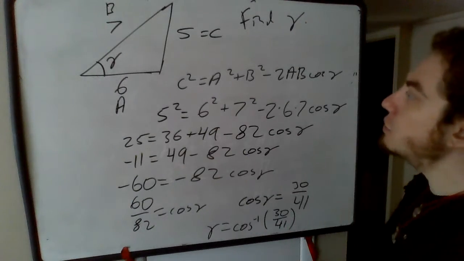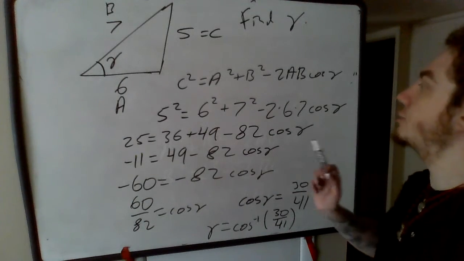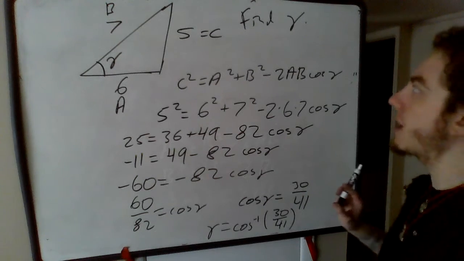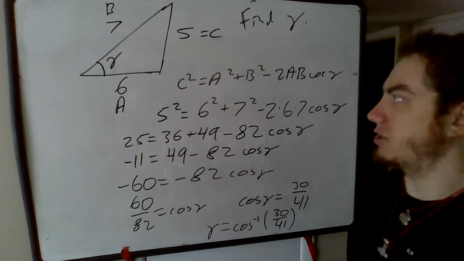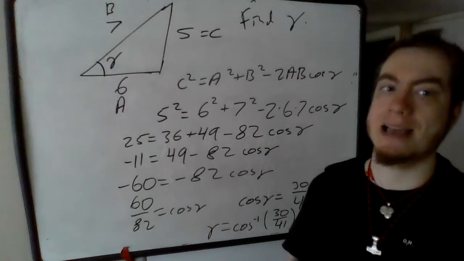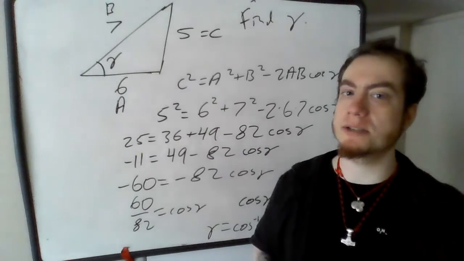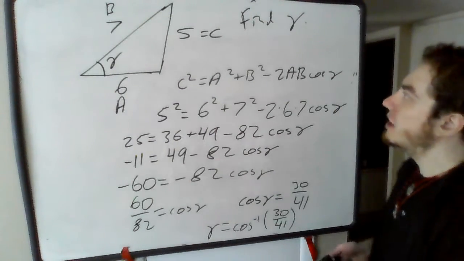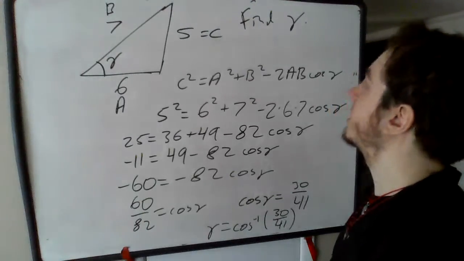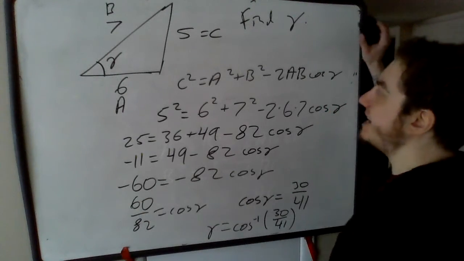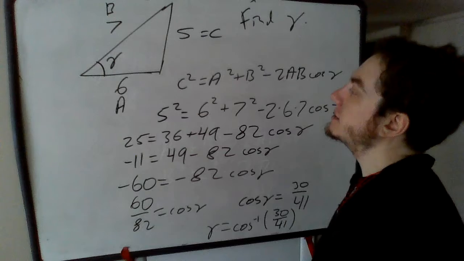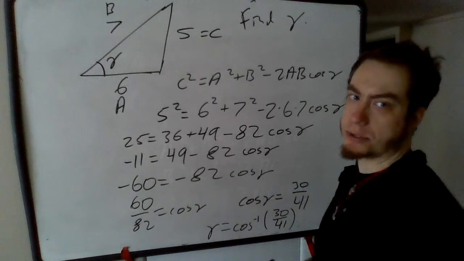Now, I do want to say there is one situation in which you can get an impossible triangle with the law of cosines. So I said there's no real complications, and that's kind of true. But there is one situation with this side, side, side where things could go horribly wrong. And that is if one side is bigger than the sum of the other two sides.